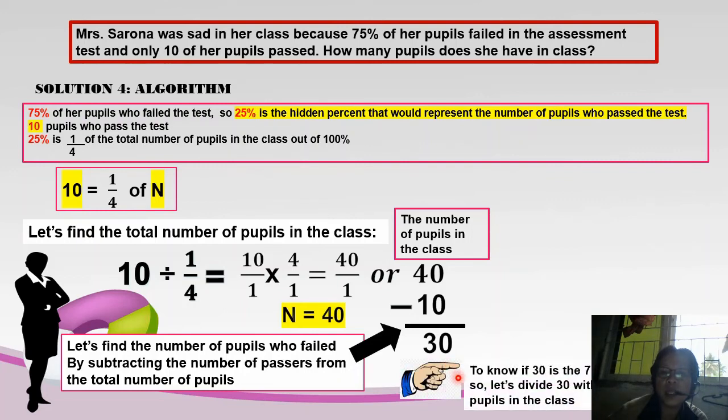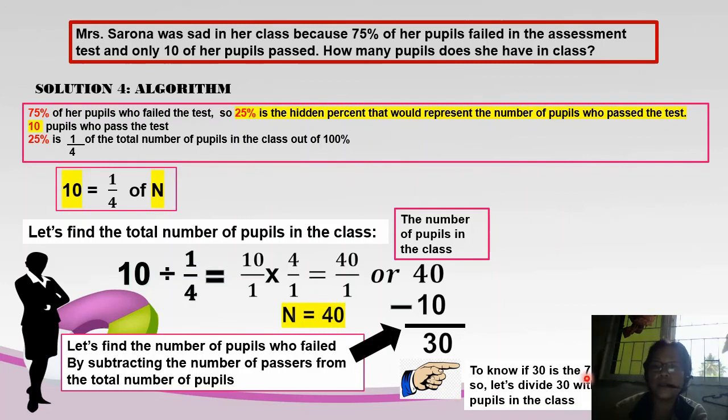This 30 now represents the 75% who failed the test. So in order to know whether 30 is the 75% of those pupils who failed from the test, let's divide now 30 with the total number of the class. What is the total number of the class? The total number is 40.